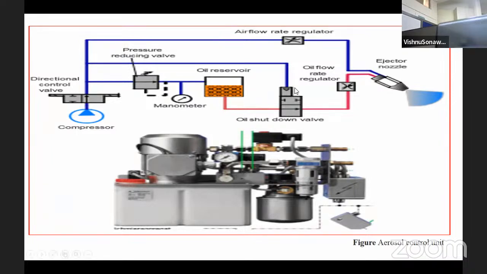When the pressure at the end of the system increases, the plunger will move up and down and regulate the flow of the oil supply. The air and the oil will be mixed and regulated. This regulated air and oil will be supplied to the ejector nozzle and through this unit towards the workpiece. Here it is called the aerosol control unit.